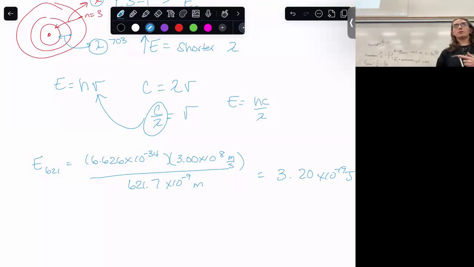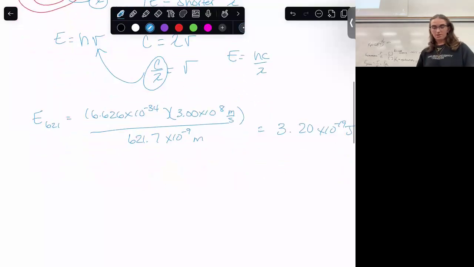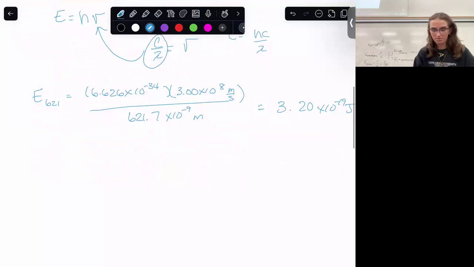Would we expect our energy for the 703 to be bigger or less than 3.20? It should be less than, right? It should be less than because the energy difference is smaller. So there should be lower energy for our second wavelength.